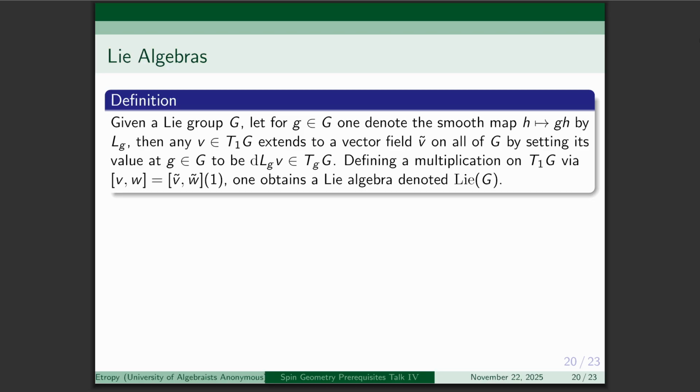And they are indeed finite dimensional because tangent spaces of a manifold are of the same dimension as the manifold. So we know that the dimension of the Lie algebra we obtain is that of the corresponding Lie group. So this gives us a construction of a Lie algebra of the same dimension from any given Lie group.